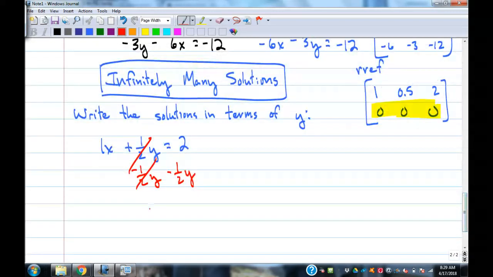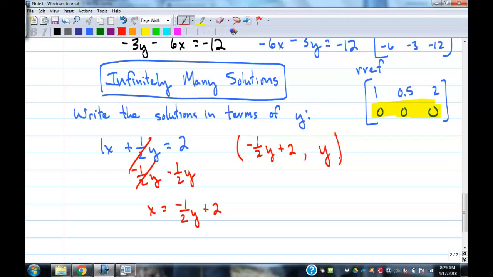That gives me 1x, or just x, equals negative 1/2 y plus 2. X is equal to this. So my ordered pair would be negative 1/2 y plus 2, and the y coordinate is just going to be y. That's writing it in terms of y.